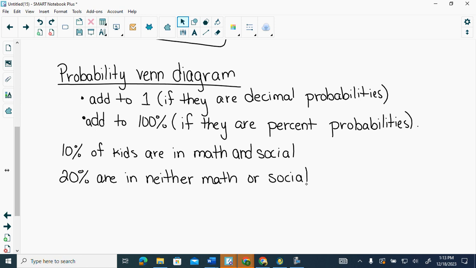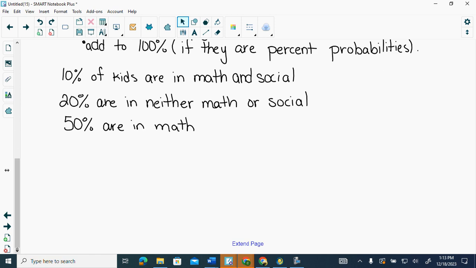And then I say 50% are in math. I actually don't have to give you the total. Why? What should it total to? 100. It should total to 100. Do we agree? Yes? So let's try this one out.